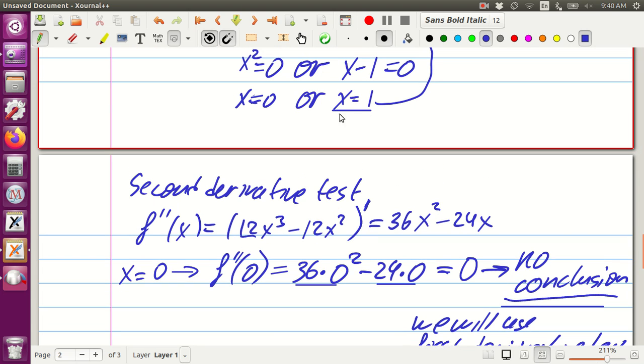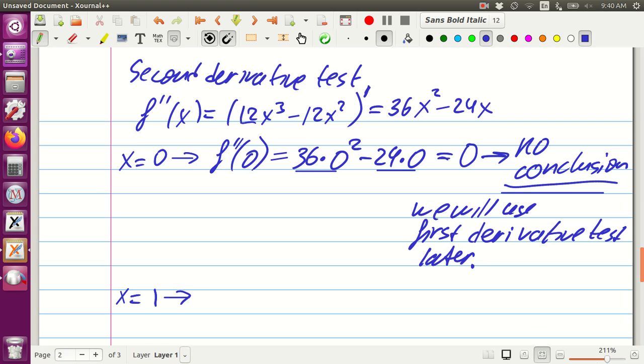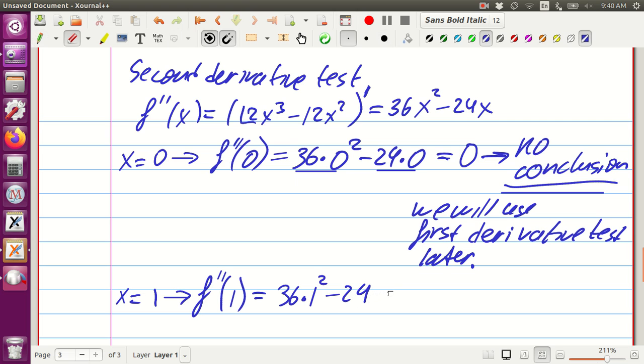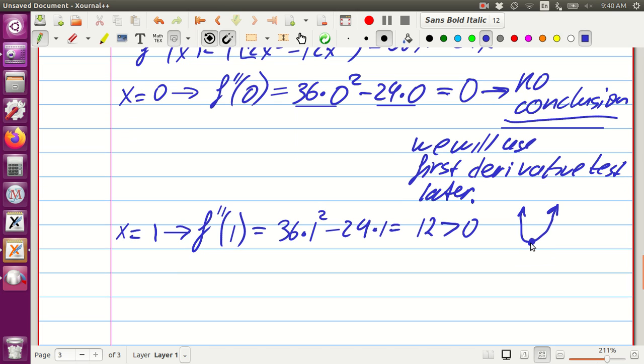This is our second critical point, and we're going to plug it into the second derivative. So it's going to be, sorry, not 12, but 36 times 1 squared minus 24 times 1. So it's 36 minus 24, which is 12, which is positive. So we have a point on the bottom, so it's a local minimum.